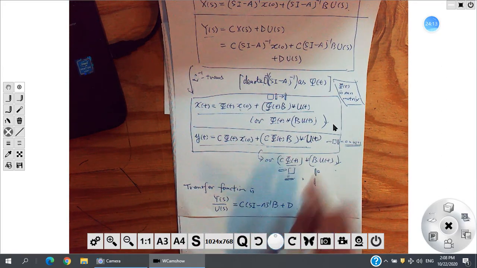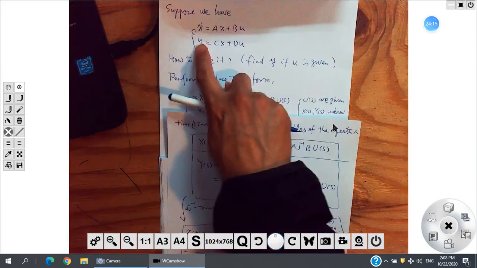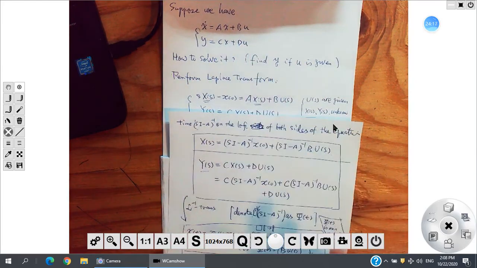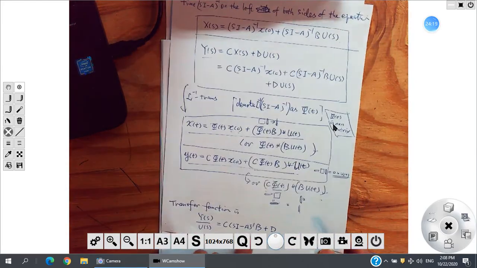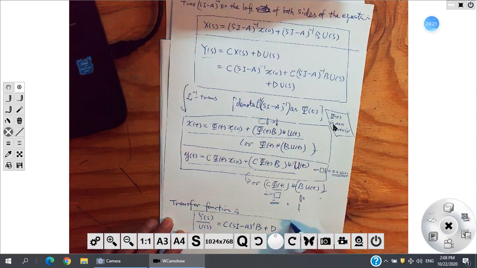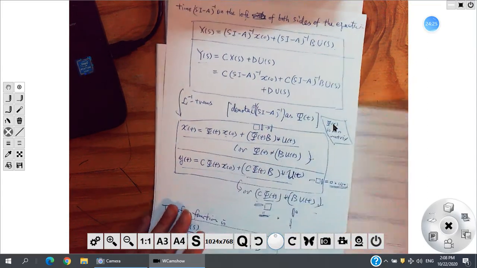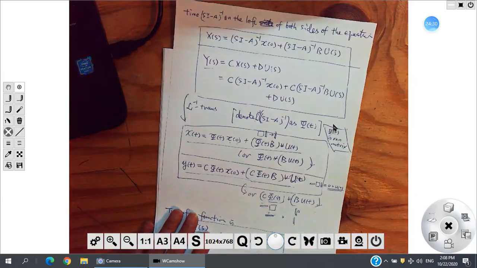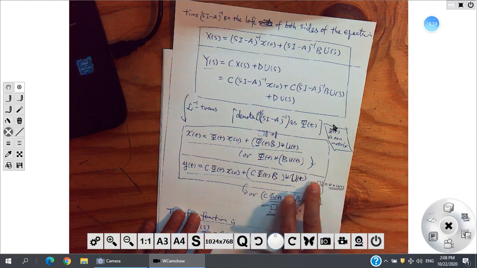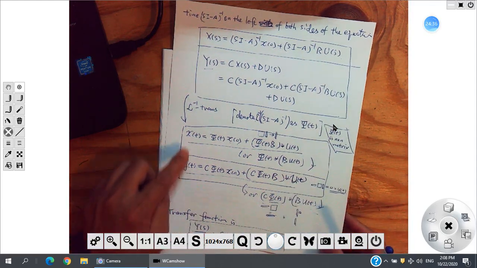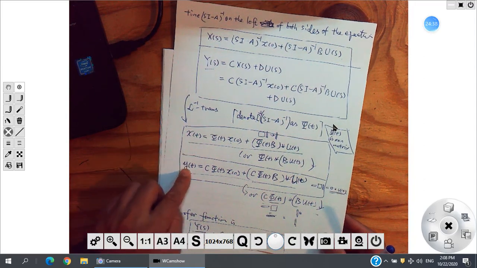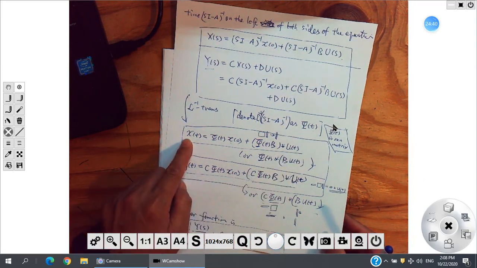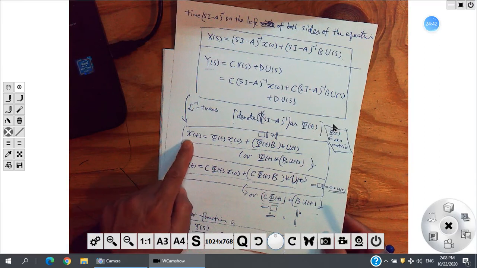If we have a system that looks like this, then we can get the transfer function using this formula. All right. So this is about the transfer function, and at the same time we also have the formula to solve the system. We have these two. When input is given, we can find output, as well as the state variables.